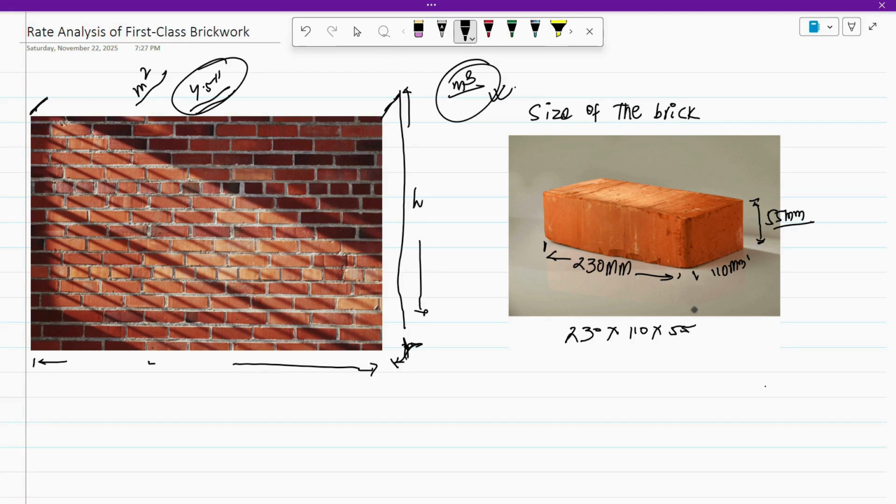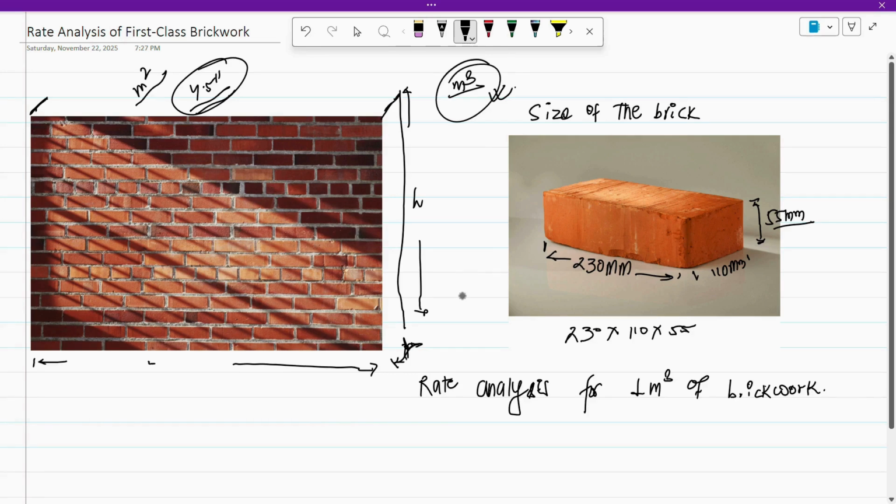Now let's do the rate analysis for 1 meter cube of brickwork. So the volume of the brickwork that we are analyzing the rate of is 1 meter cube.